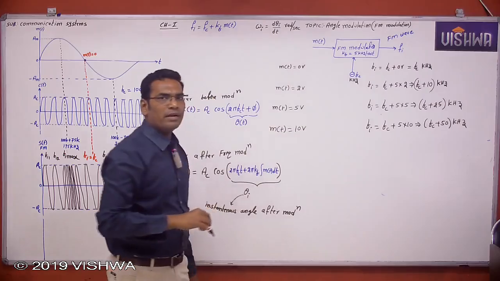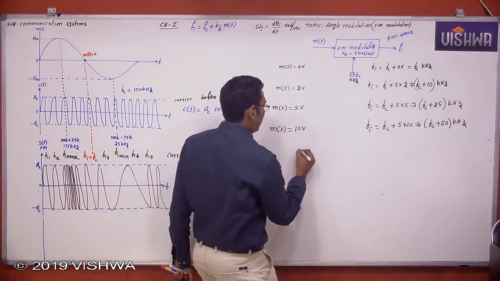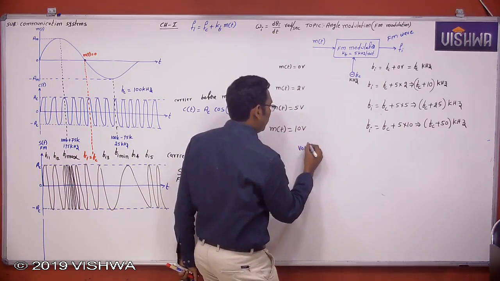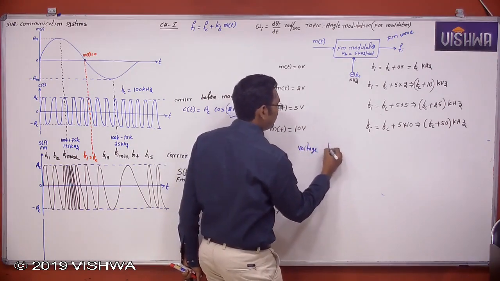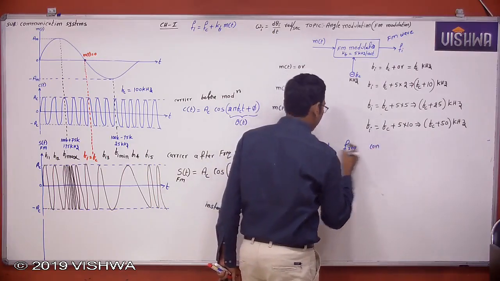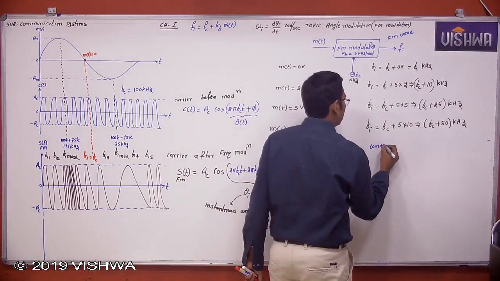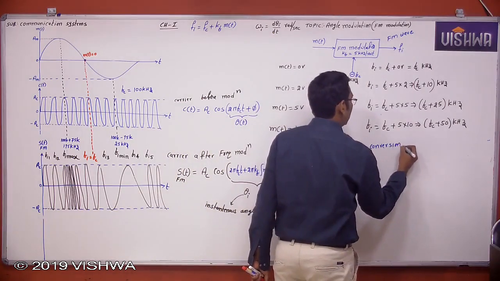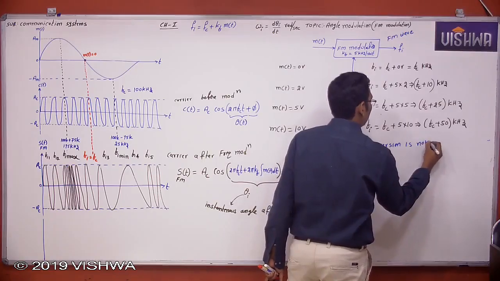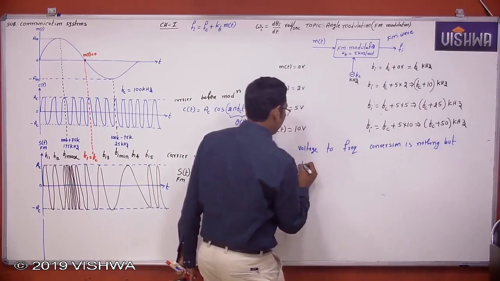What is the FM modulator? The FM modulator is nothing but a voltage to frequency converter. Voltage variations are converted to frequencies. Voltage to frequency conversion is nothing but FM modulation.